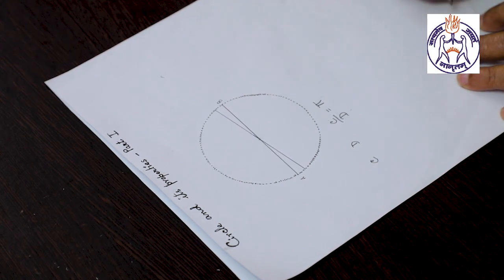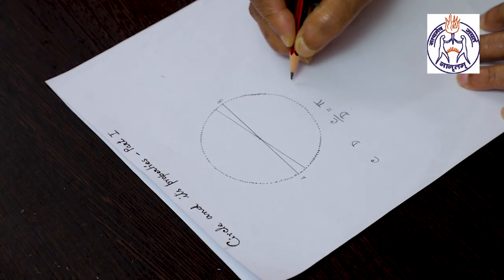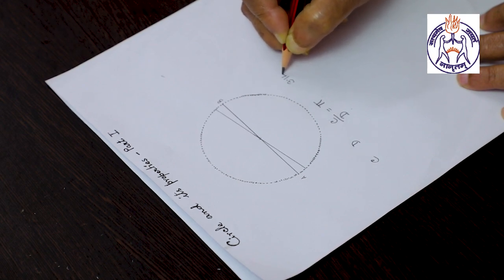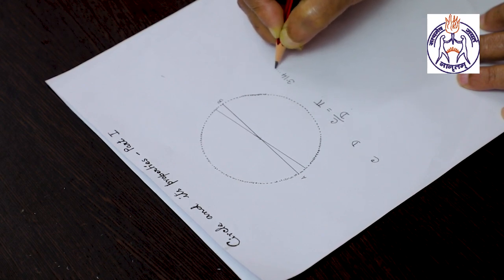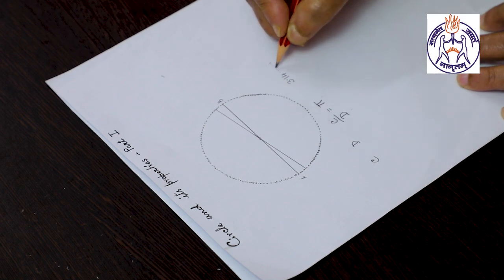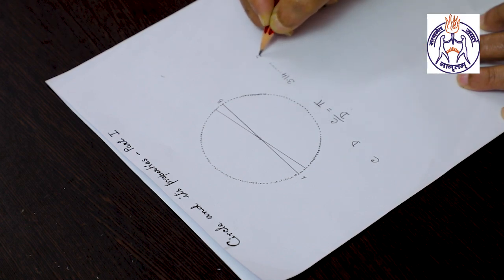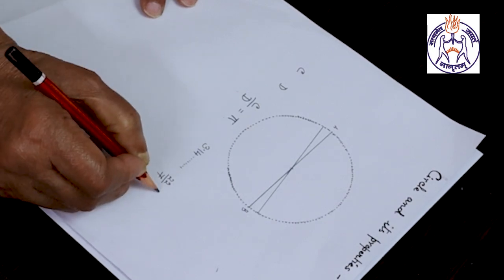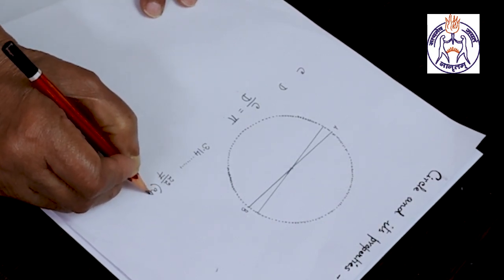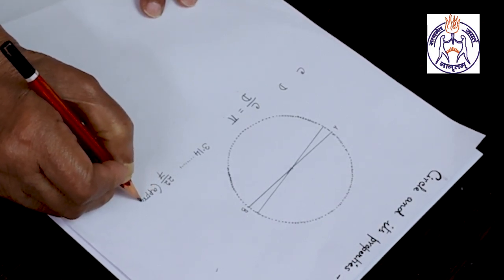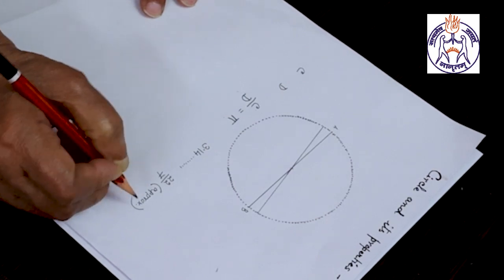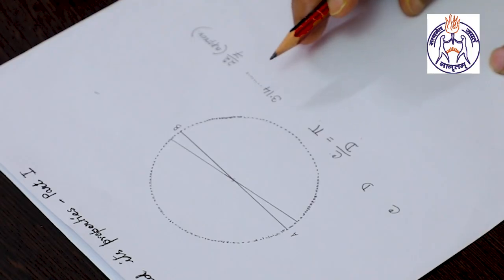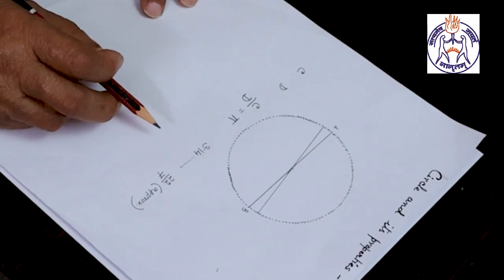The value of pi is approximately 3.14, or also 22/7 approximately. These are all approximate values. Pi is an irrational number, that means a non-terminating, non-recurring decimal number.